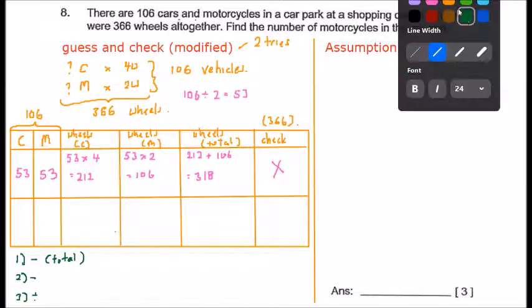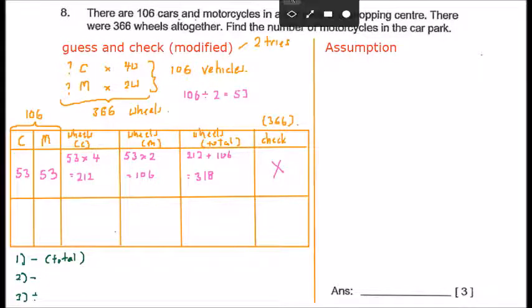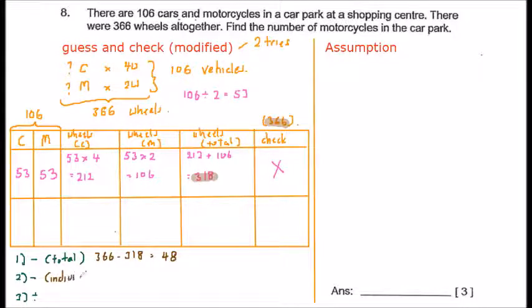It's 366 and 318. So 366 minus 318, we have 48. And for the second minus, we minus away the individual. So guys, what do I mean by the individual? It is here.